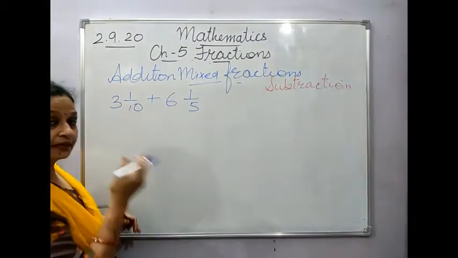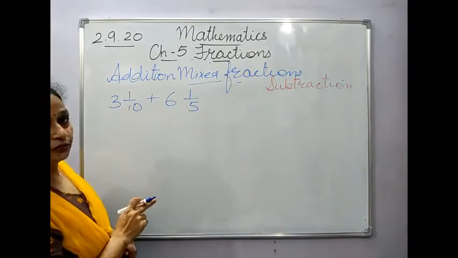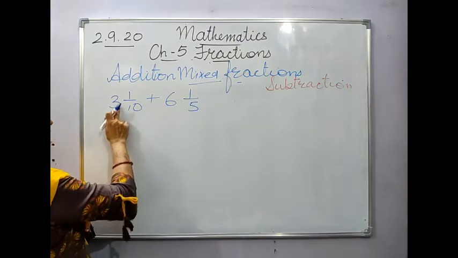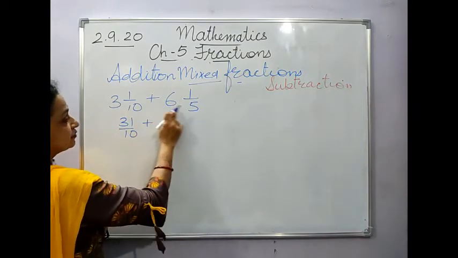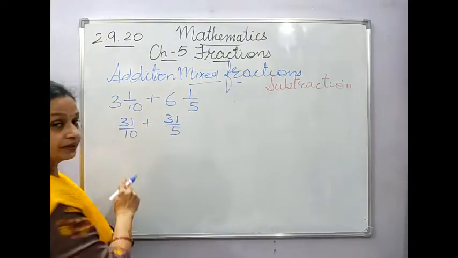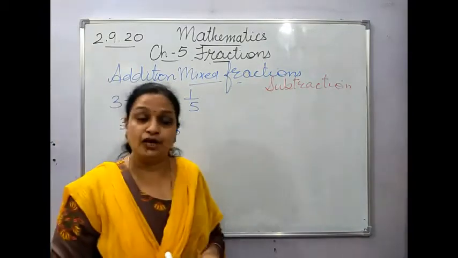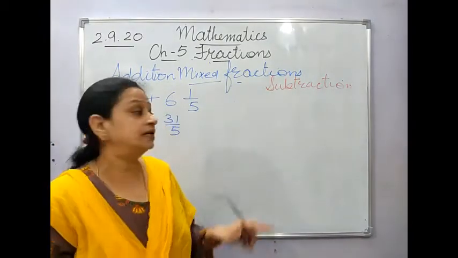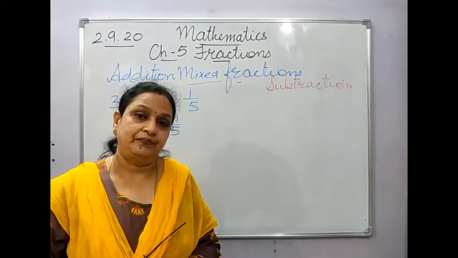For making it, you will multiply the denominator with the whole number and add the numerator. 10 3s are 30 plus 1, 31 upon 10, plus 6 5s are 30 plus 1, 31 upon 5. Denominators are different, that means they are unlike fractions. In that case, you have to take out the LCM.